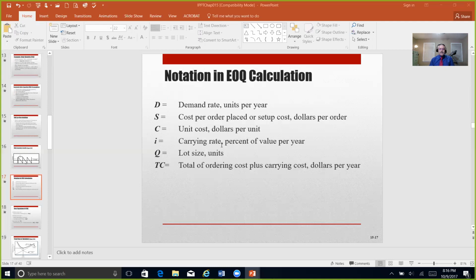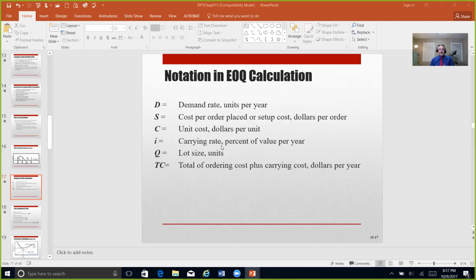I as in India is the carrying rate, a percent value per year, and you will typically find I in the decimal equivalent. If 30% is the carrying rate, when you do your calculations you should be using the decimal equivalent of 0.30. Do not calculate it with 30, because your values will not work.